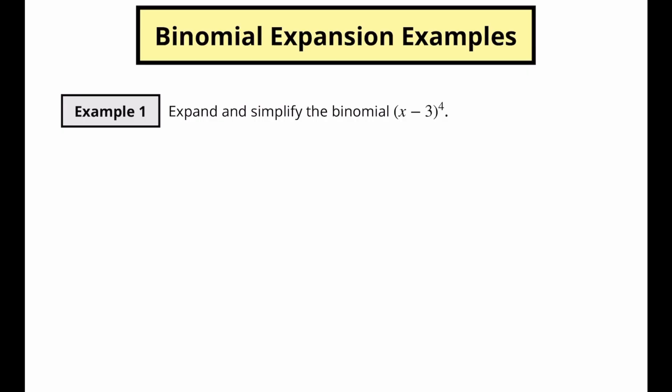So the first thing we're going to do is Pascal's triangle. We're going to put these coefficients out here. And then we're going to take this first term in the binomial, and we're going to start here at the highest power, 4, and we're going to decrease from term to term. These are all going to be the terms of the expansion. So we're going to have x to the fourth, x cubed, x squared, x to the 0.